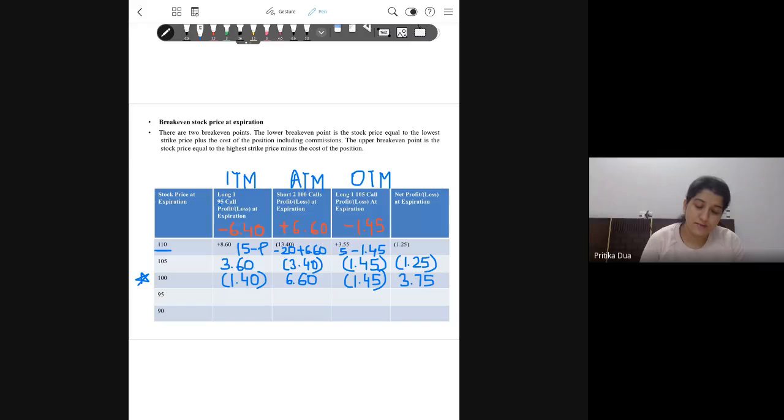I think इसमें सेम ही आएंगी values because this is the maximum loss you can make under the long call butterfly.